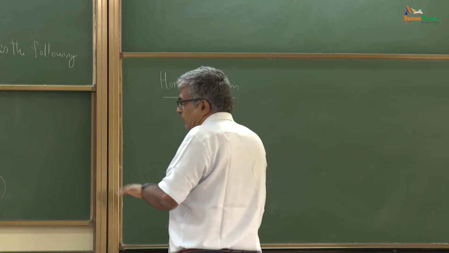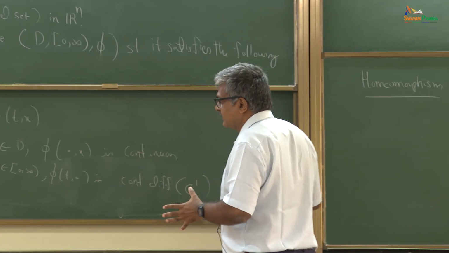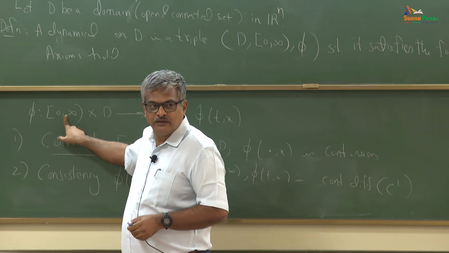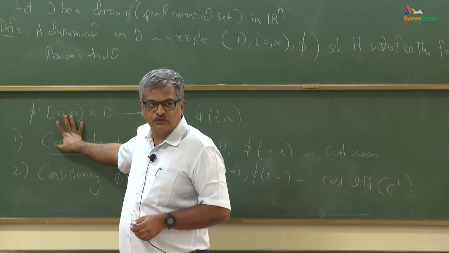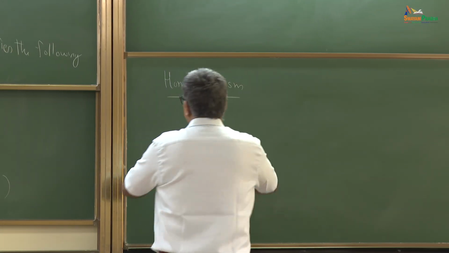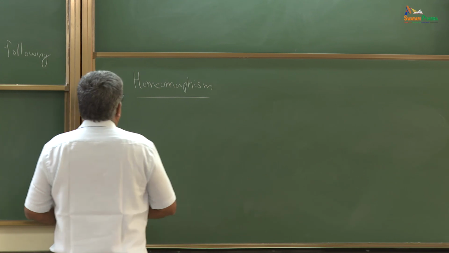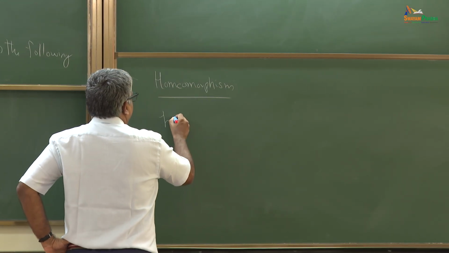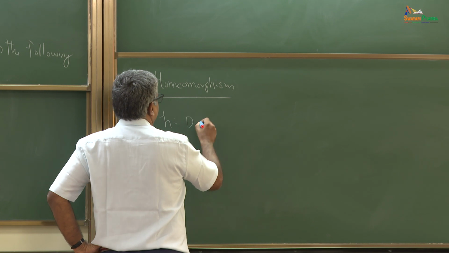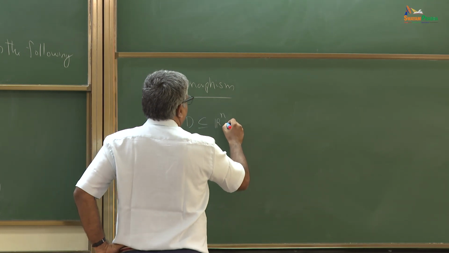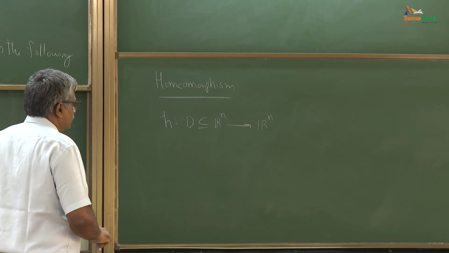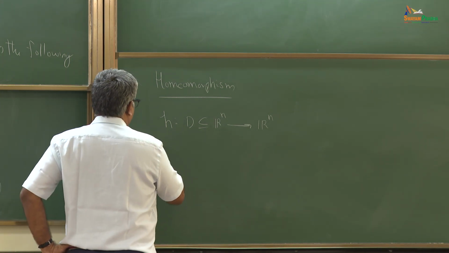Now I have a vector space, but now I have functions on that. These are not vectors now, they are functions. So what can I talk about for functions on a vector space? Let H be a mapping from, say, some D. So this map is said to be a homeomorphism.